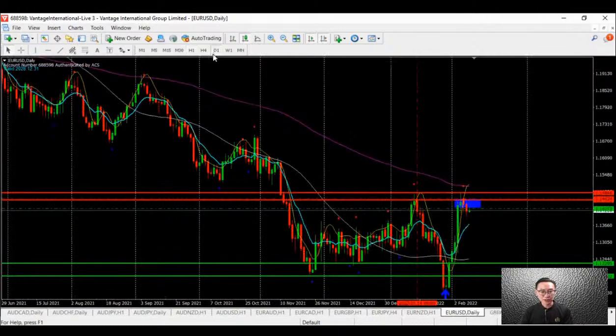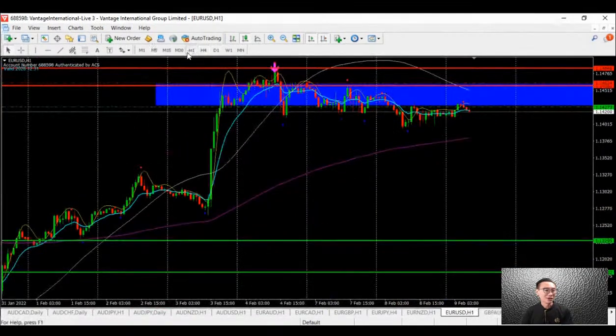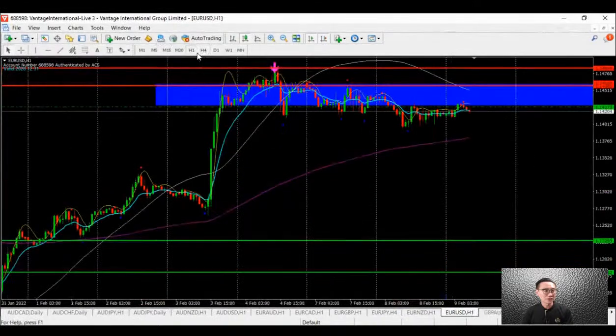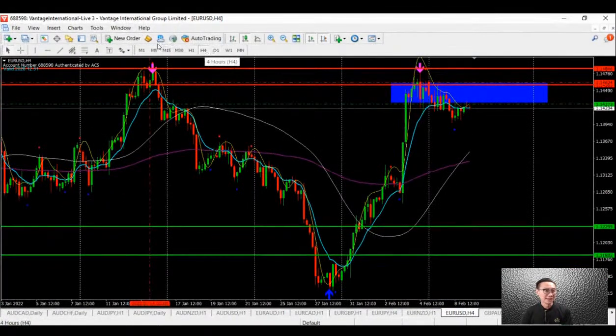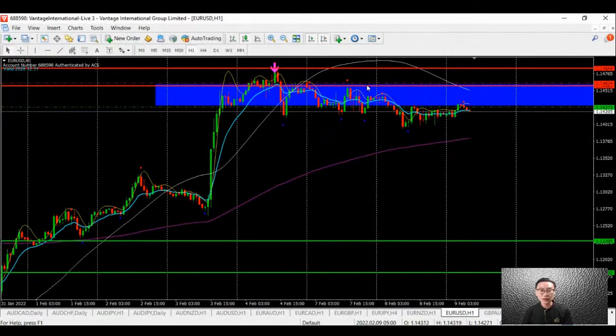How about Euro dollar? We are also in the bear zone. Yesterday, yes, got some profit. Am I right? Yes. We are over here. Same thing, we are getting in and out of the transition area. Now it's slightly below. You see, it went up for the past few hours, tested, and now has come back again.